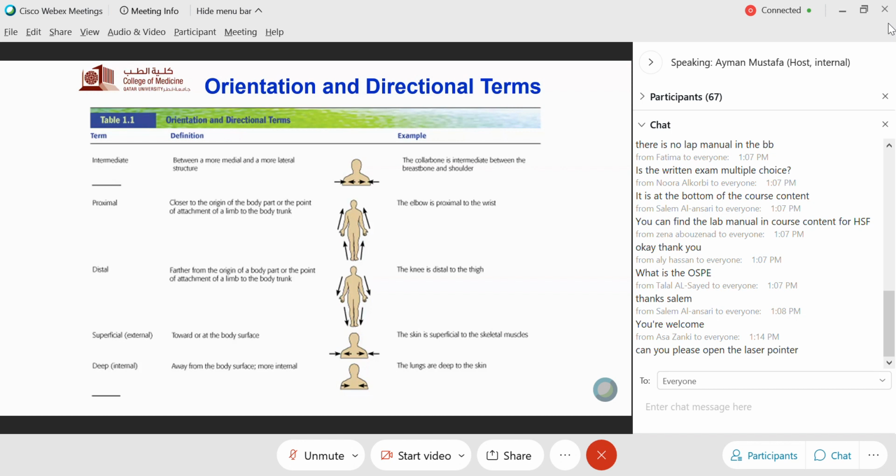Now, he is giving me a third organ, collarbone, and he wants me to describe it in relation to the shoulder and the breastbone. What do I say? Collarbone is intermediate between the shoulder and the breastbone.